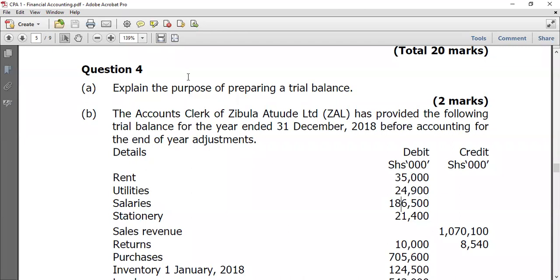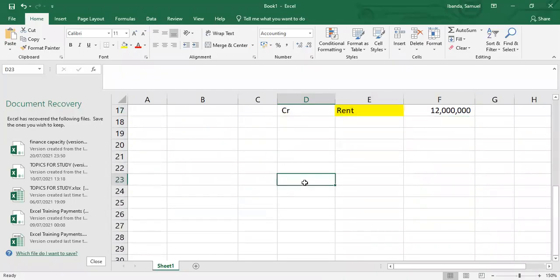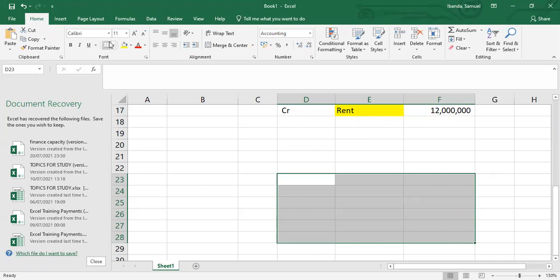If I want to make that adjusting entry, let me first show you how it would look like in a ledger.